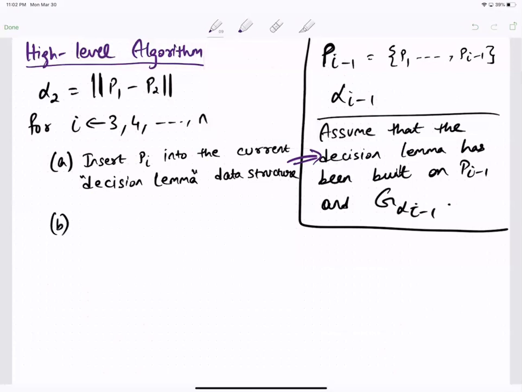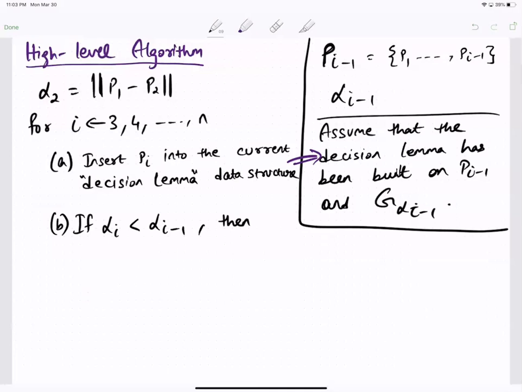And now if alpha i is less than alpha i minus 1, then you'll have to rebuild this decision lemma. Now that's the crucial part here. You inserted this point Pi, and now because of this Pi, the closest pair has changed among the first i points, and that is alpha i. Now that has changed, so now you'll have to rebuild the decision lemma data structure.